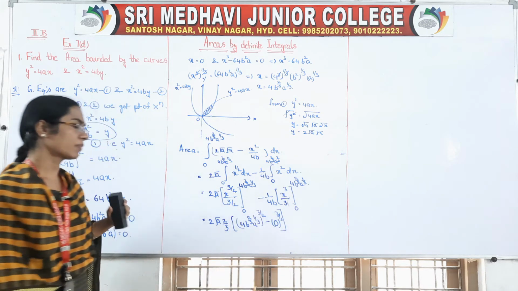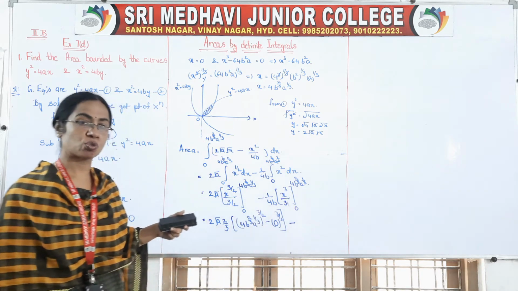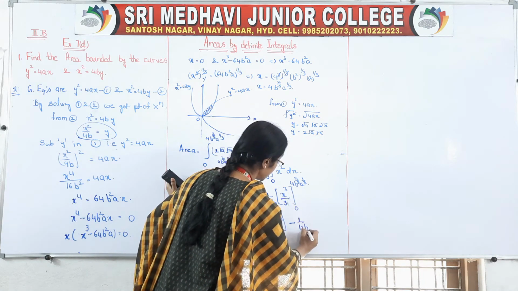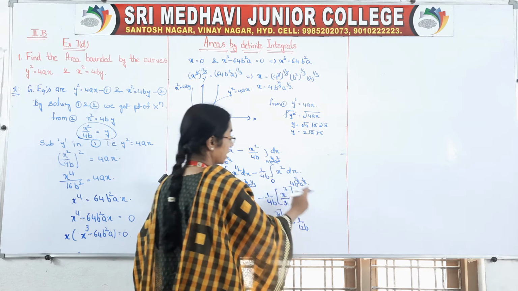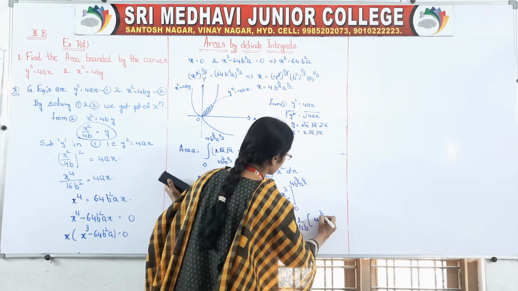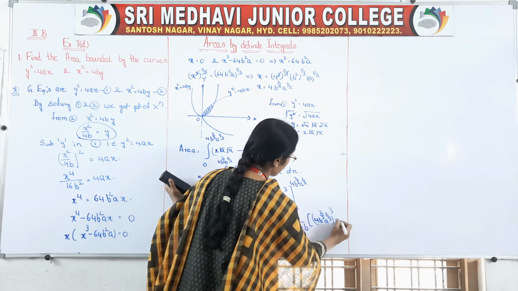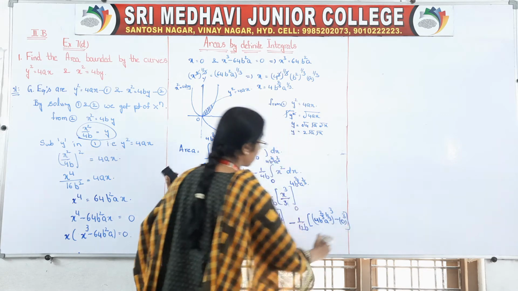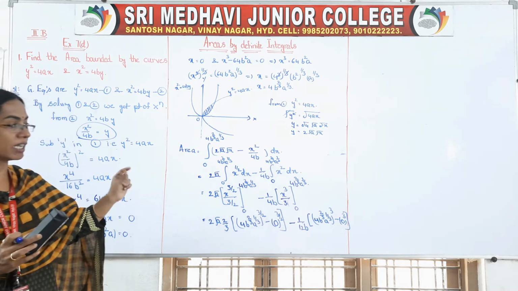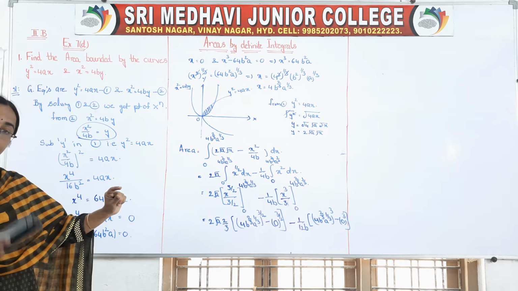Next, minus, 1 by 4, 3 fours are 12, so you can write 1 by 12b outside, right? Now in x place, upper limit minus lower limit: 4b to the power of 2 by 3, a to the power of 1 by 3, whole cube, minus 0 cube. Wherever x is there we substitute the upper limit, then minus, wherever x is there we substitute the lower limit.